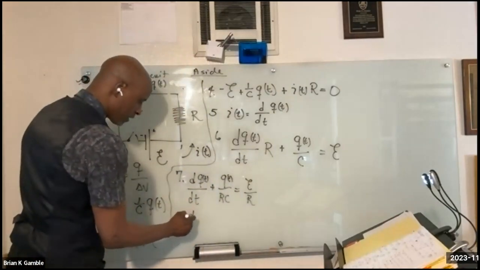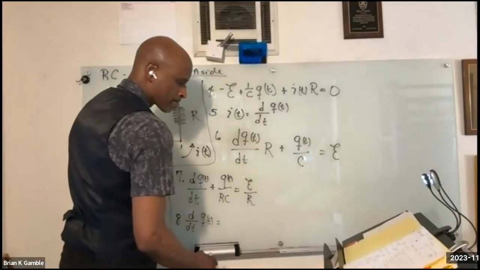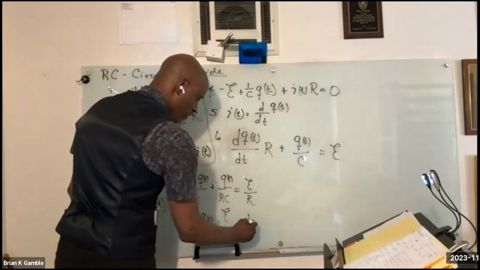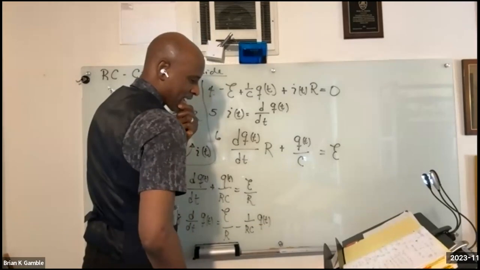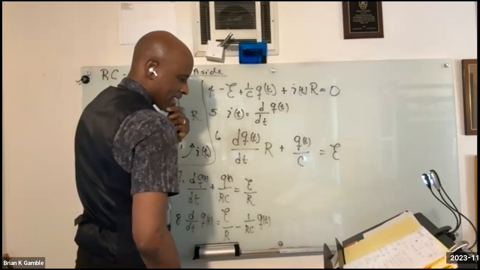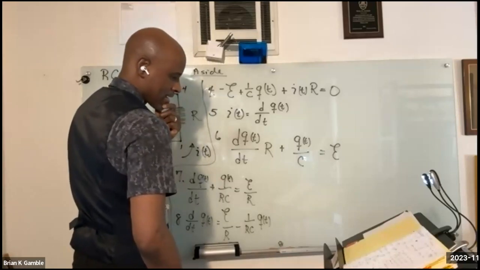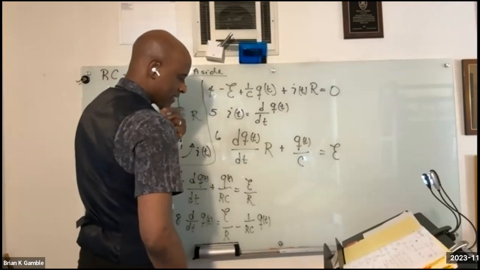And then I'm going to have d dt of q of t equals E over R minus 1 over RC q of t. Okay, this is it.